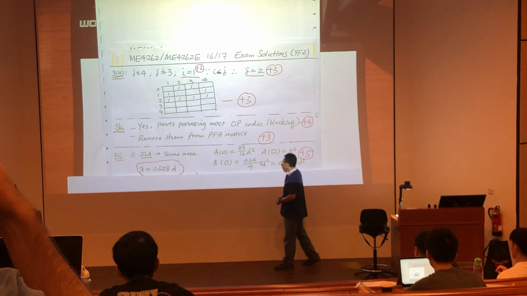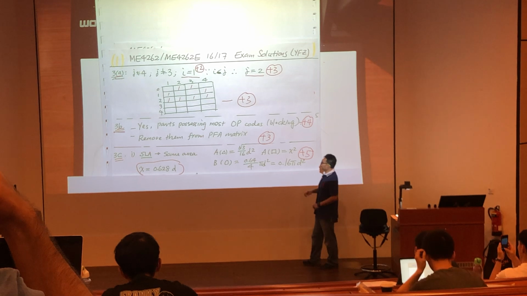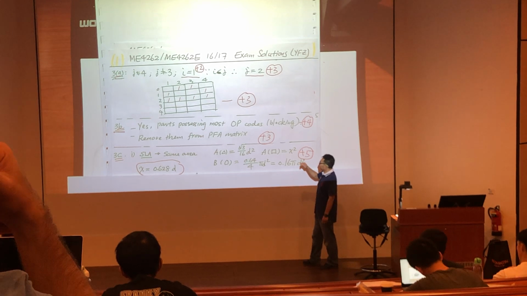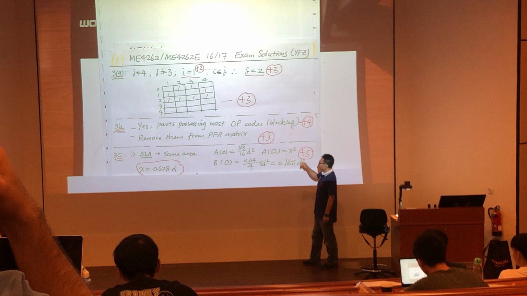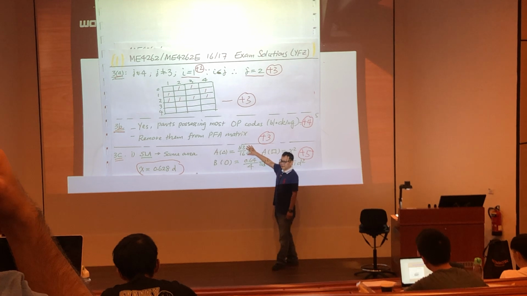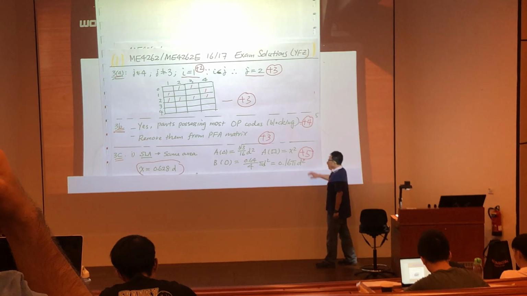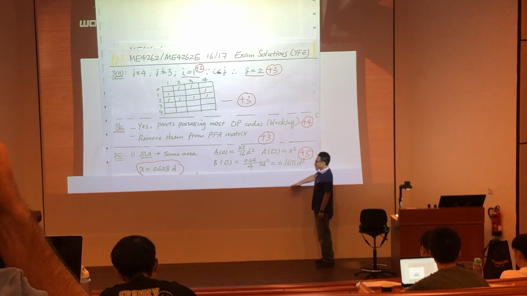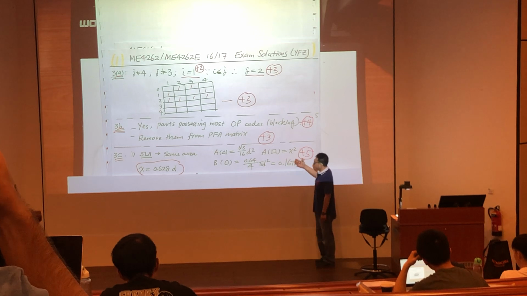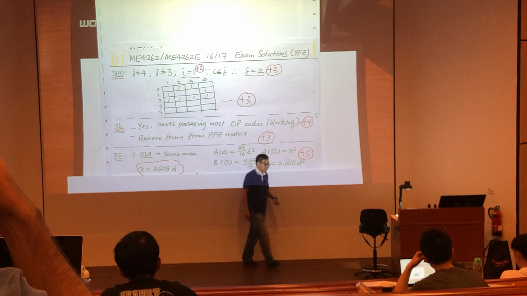It's square root of 3 over 4 times the side squared, equivalent to this. And this is the area for the square, and eventually you equate them and find the relationship x equals 0.628d.